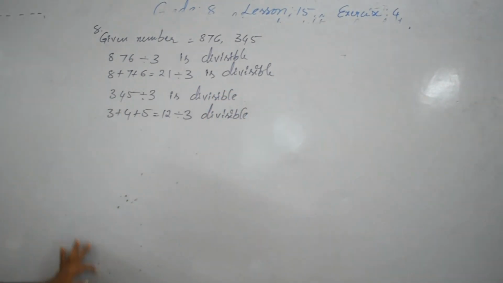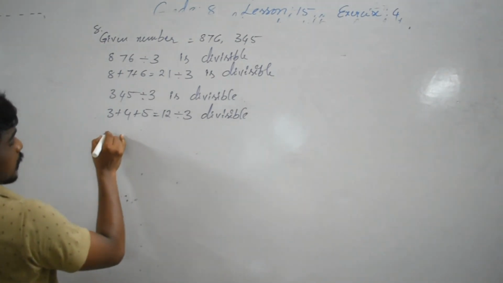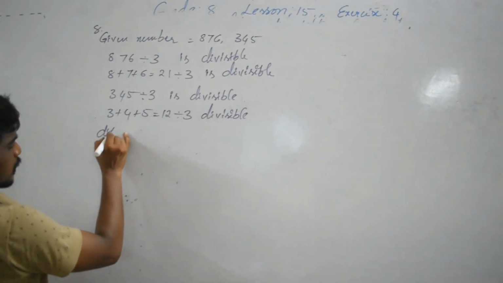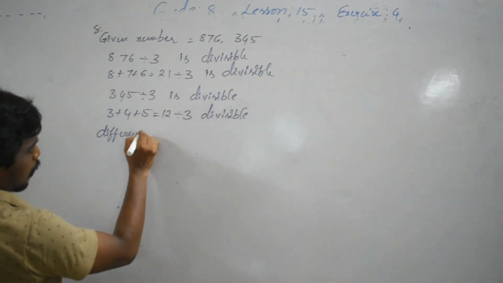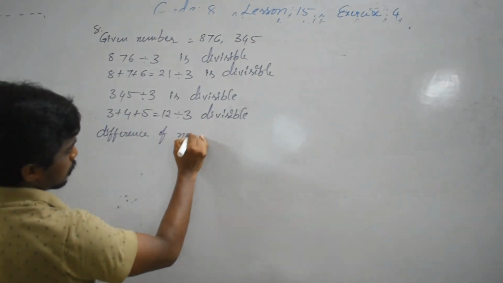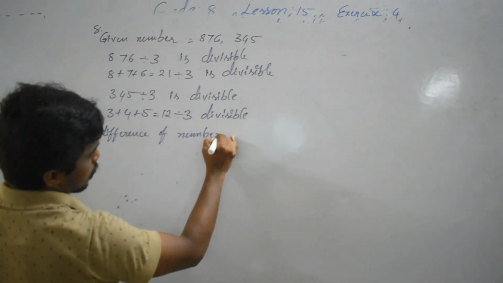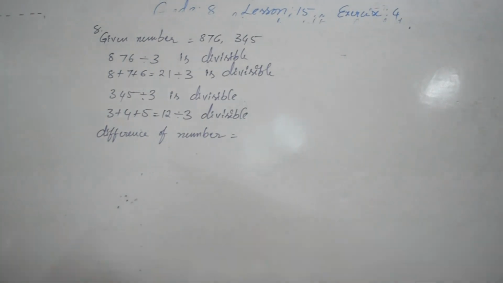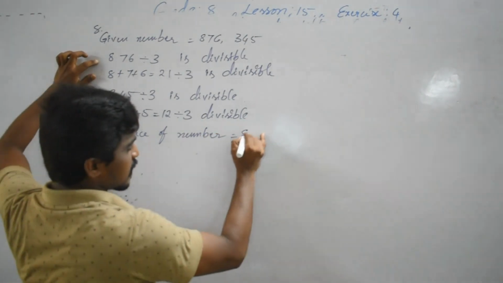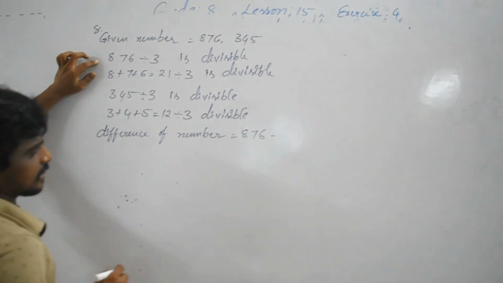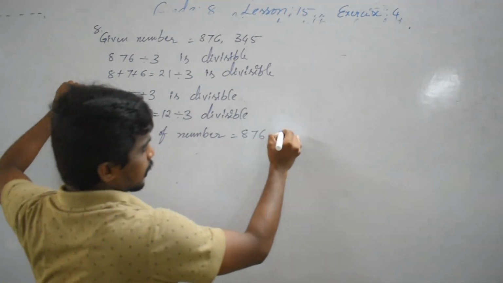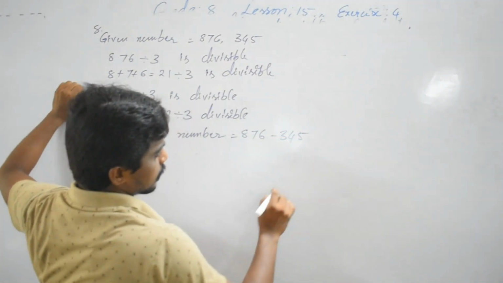Next one here, the difference of the numbers. 876 minus 345.